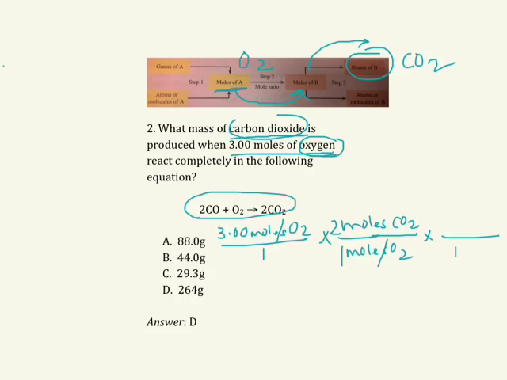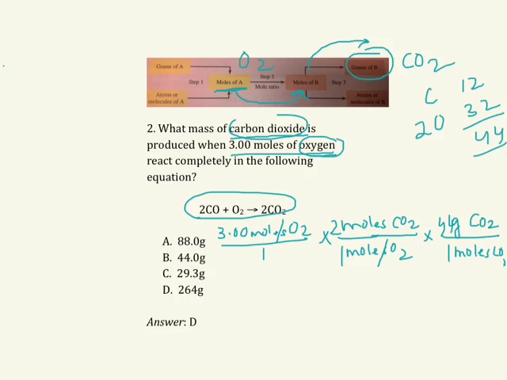And then moles of carbon dioxide, and here will be grams of carbon dioxide. And 1 mole of carbon dioxide equals how many grams? How do you find out molar mass? You add all the atomic masses. Carbon atomic mass is 12, oxygen is 16, but then there are 2 oxygens, so 16 times 2, 32, so total is 44, so 44 grams.